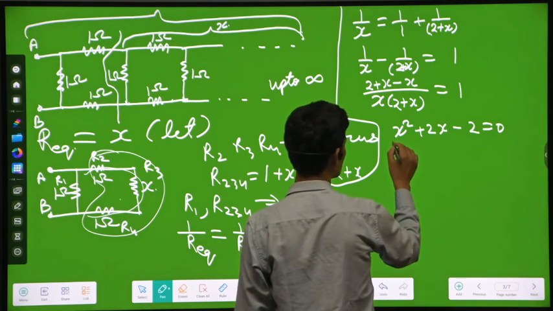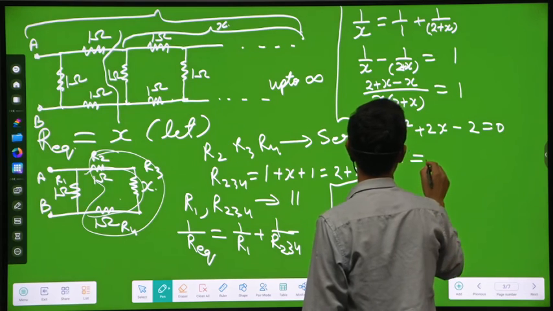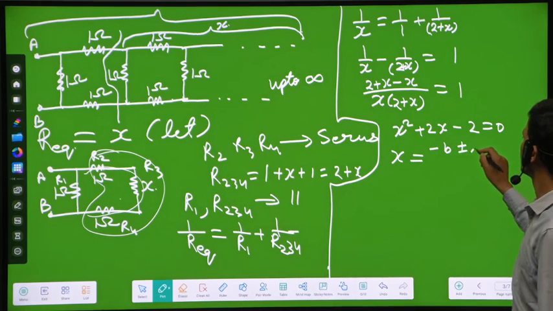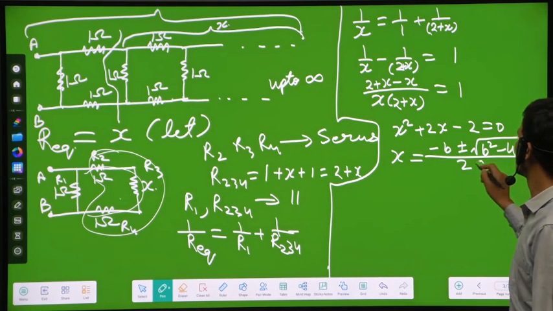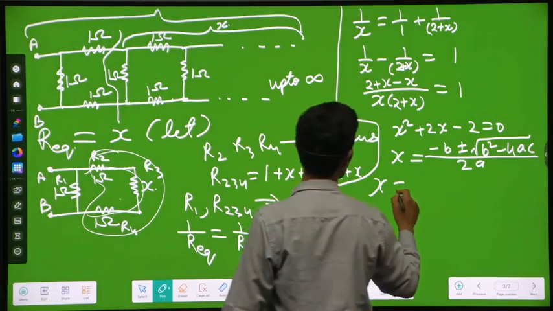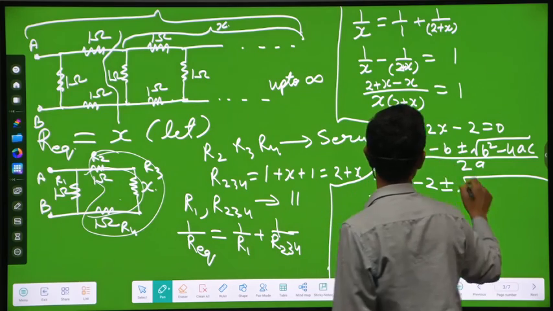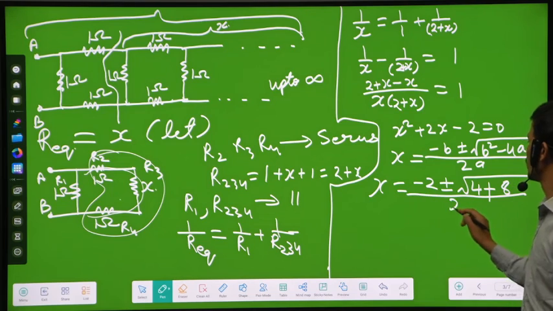And now apply the quadratic formula or Sridharacharya formula: minus b plus minus root b square minus 4ac upon 2a. So x is equal to minus b, that is minus 2, plus minus root of b square, that is 4, minus 4ac, that is minus minus plus 8, divided by 2.